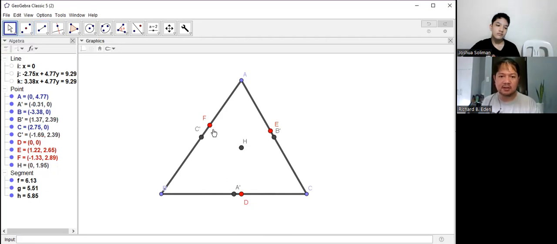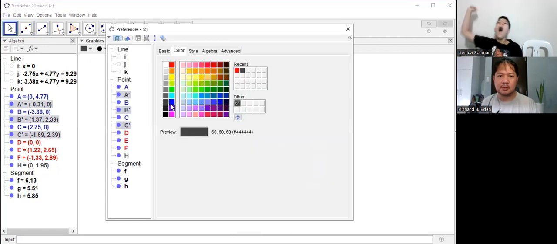And because these are going to be special, prominent points, let's color code them. Blue.